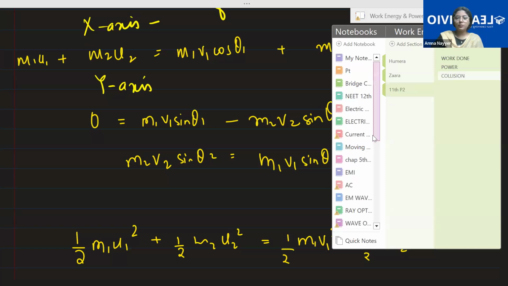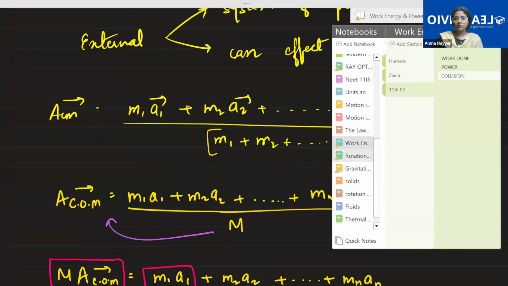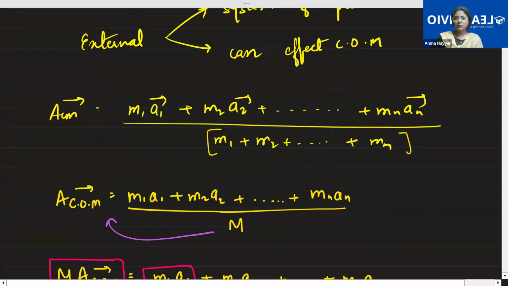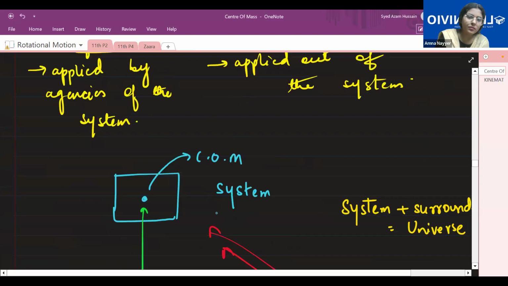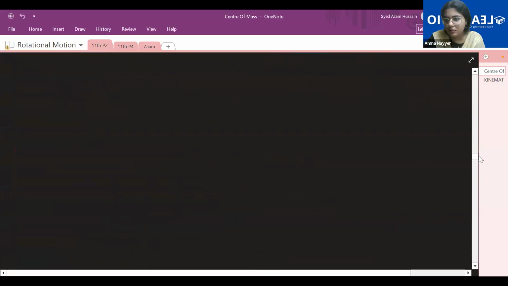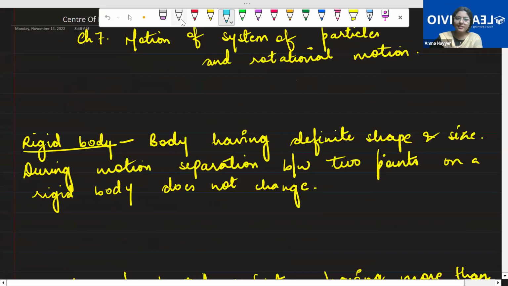Let's start with rotational motion. See, the chapter is motion of system of particles and rotational motion.